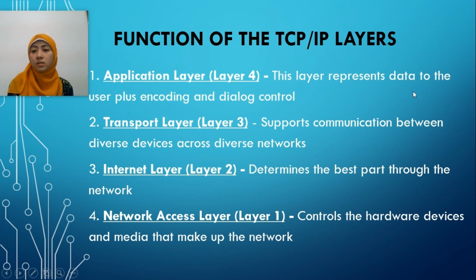This layer represents data to the user plus encoding and dialog control. Transport layer, which is layer 3, supports communication between diverse devices across diverse networks. Internet layer, which is layer 2, determines the best path through the network. And then lastly, network access layer, which is layer 1, controls the hardware devices and media that make up the network.